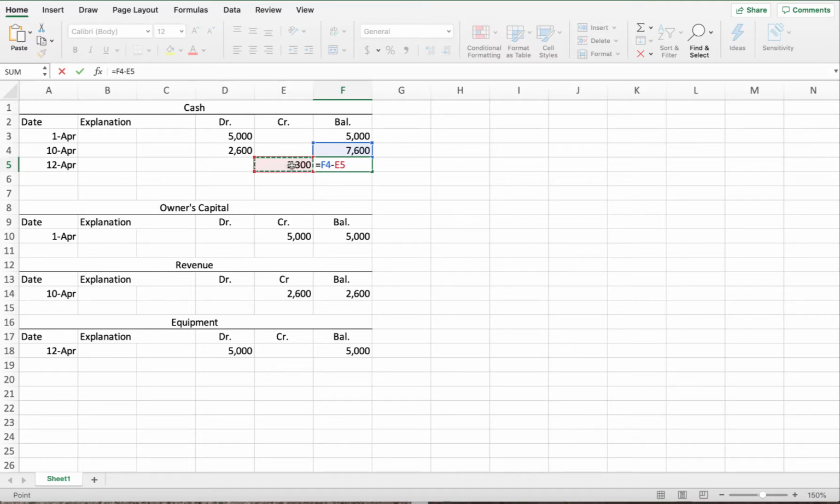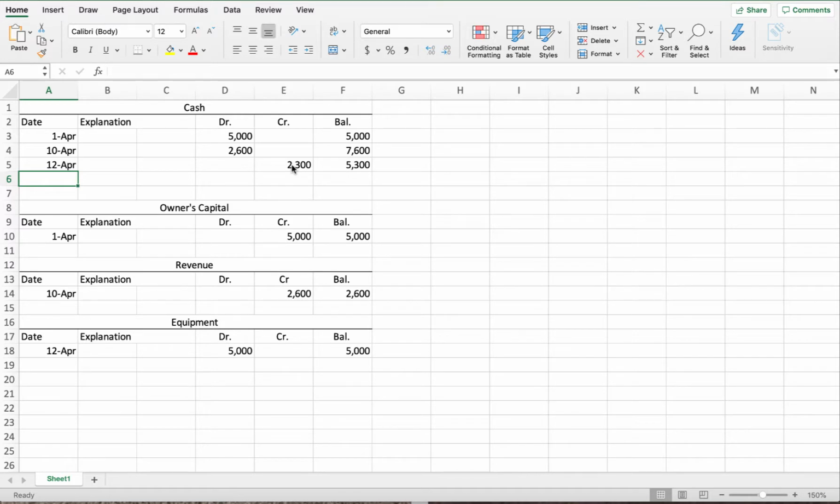I don't care what the number is. Just go to that cell. Whatever data is in that cell, I want you to subtract the data that's in the cell directly to the left of F5. So basically, we're telling Excel, hey, we're in F5. Whatever's above that cell reference, take that data and then subtract whatever data is in the cell to the left of F5. We get $5,300. That's my cash balance.